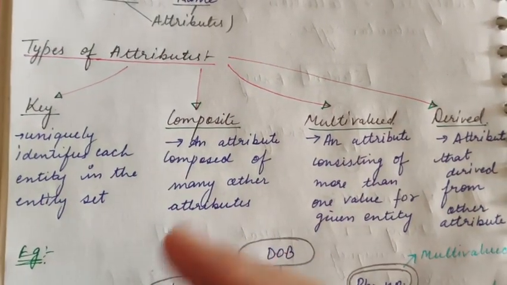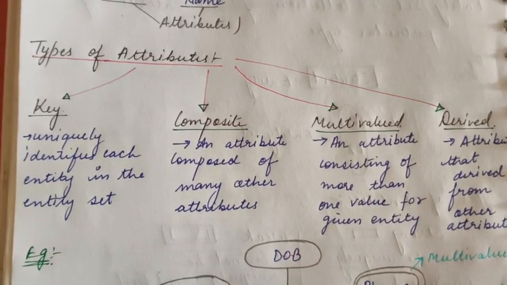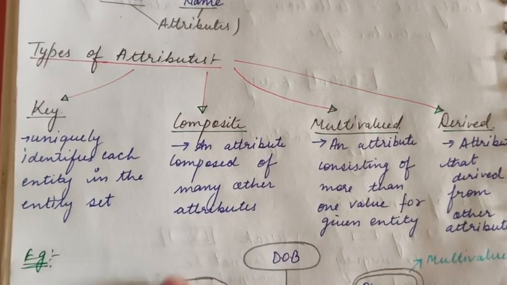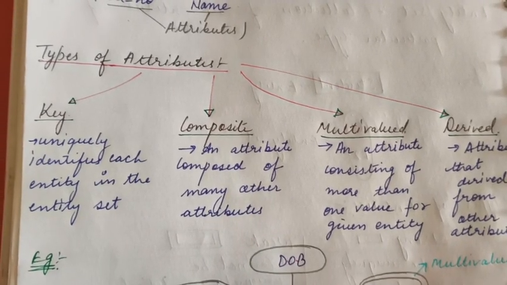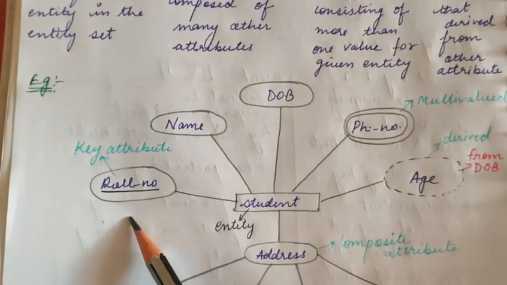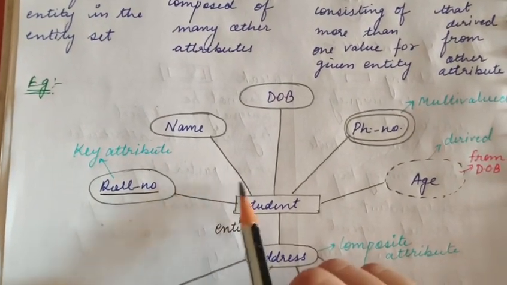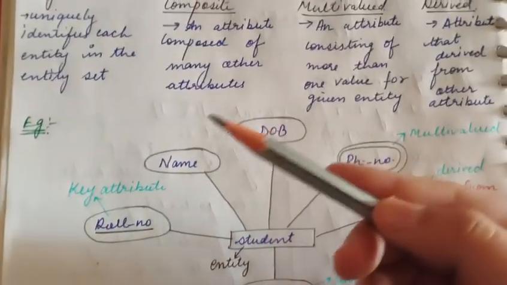So what is key attribute? The attribute which uniquely identifies each entity in the entity set is known as key attribute. For example, roll number. Roll number will be unique for each student. Okay, so it is the key attribute.